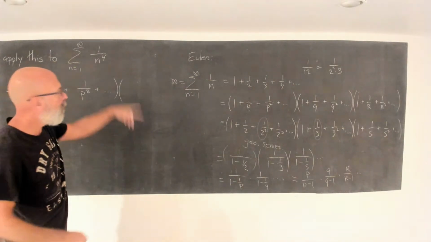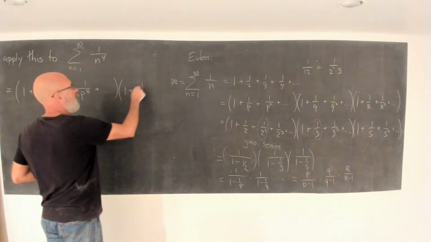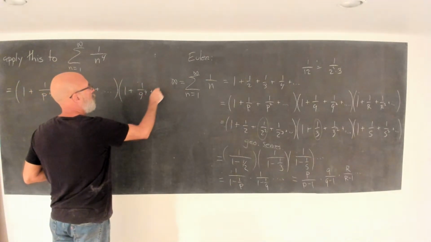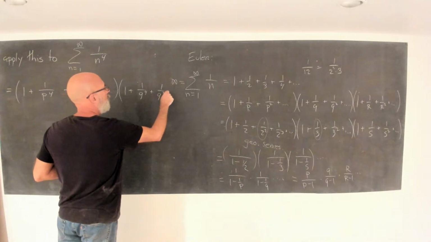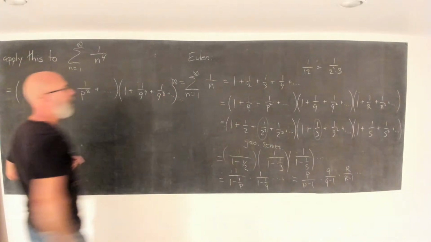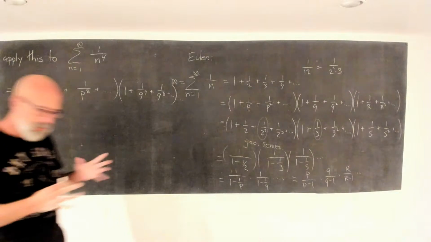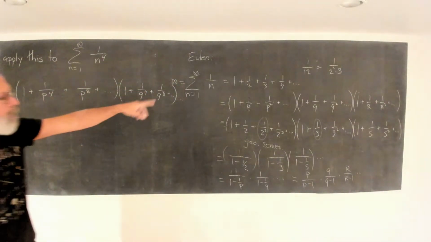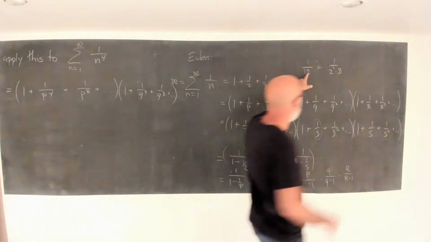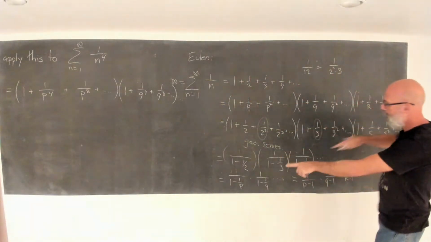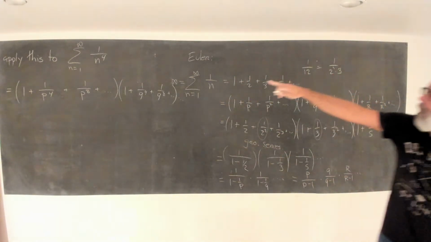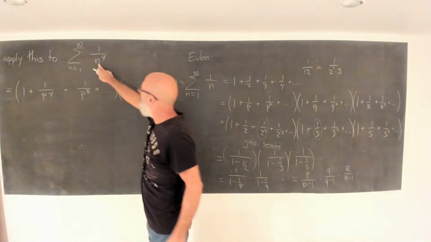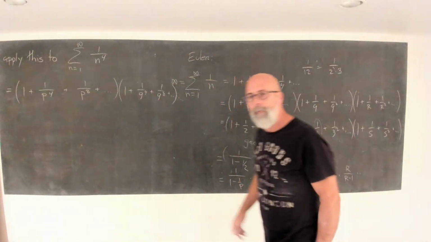And same for the other prime. So we're going to view it as a product of each of these things. In the same way that every natural number was a product of primes, you're doing the same thing, but just to the n to the 4.